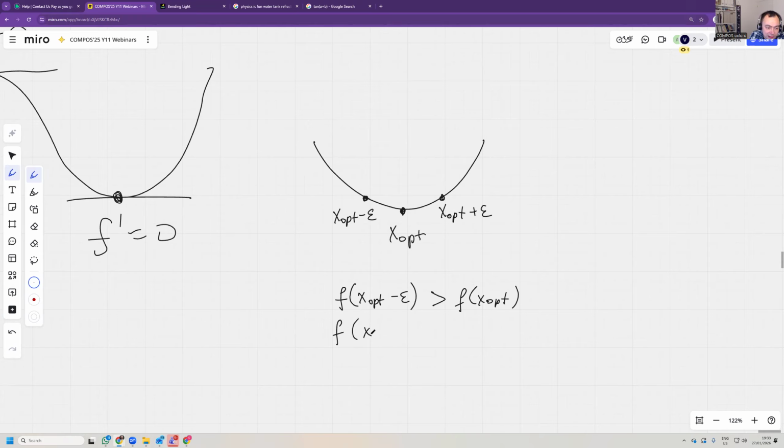Also, f of x optimal plus epsilon is going to be greater than f of x optimal. So from the minimum, you go slightly to the left and get a bigger value, slightly to the right and get a bigger value, and that tells you that it's a minimum. That's another way of showing it, or the second derivative must be positive.